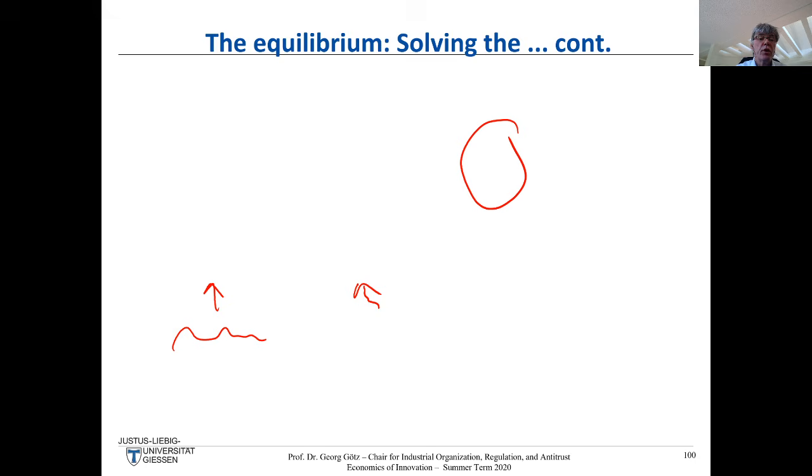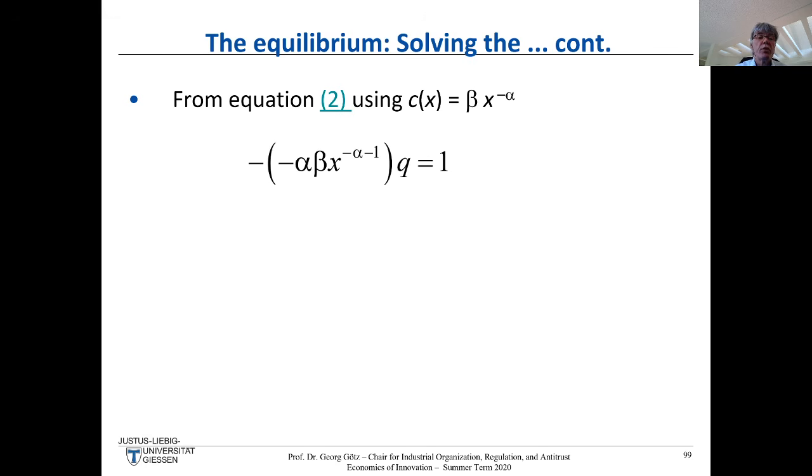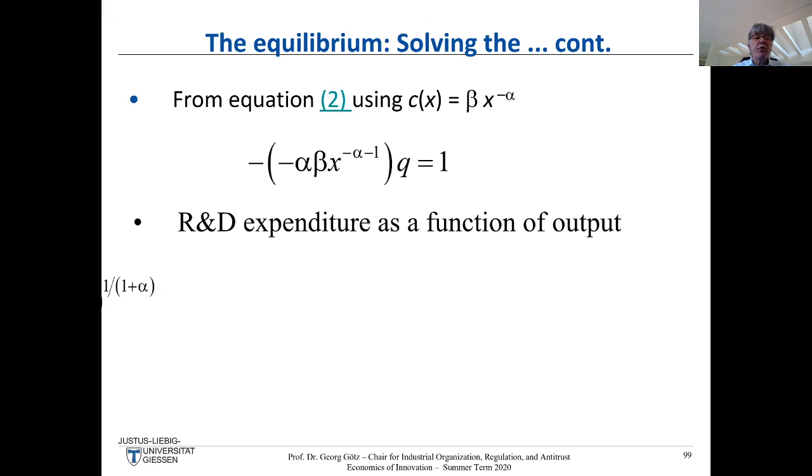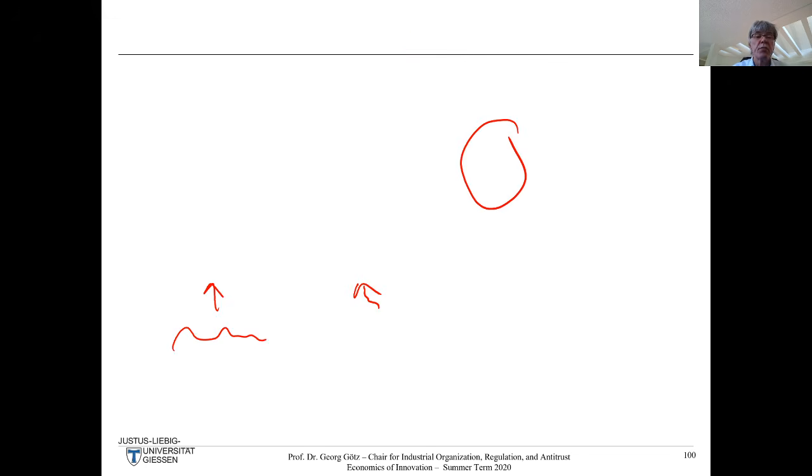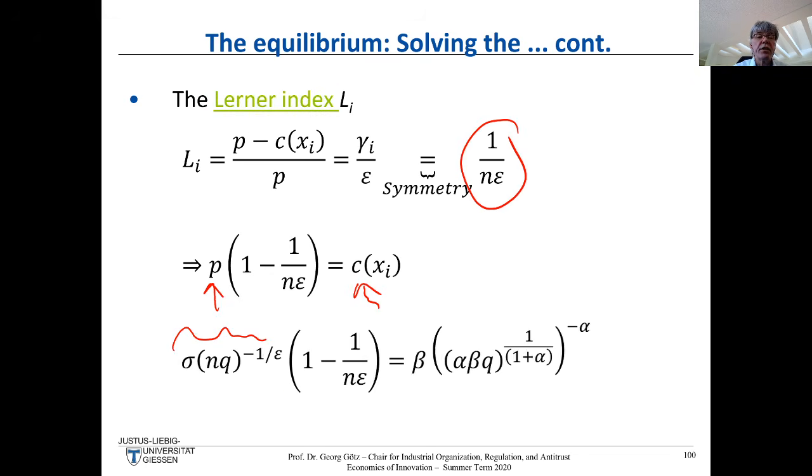So here we derived the C of x, and the optimal x, and that gives us this part here. This was our optimal x, and this is just substituted into this cost function here.